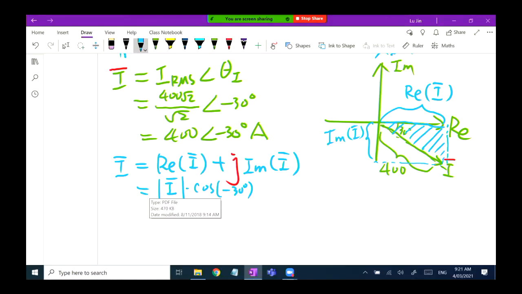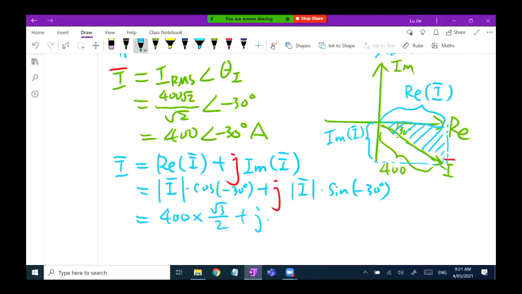Then plus the imaginary component, which is the magnitude of this vector multiplied by sine of negative 30 degrees. So this gives us 400 multiplied by cosine of negative 30 degrees, which is square root of 3 over 2, then plus j multiplied by 400 times sine of negative 30 degrees, which gives you negative half.